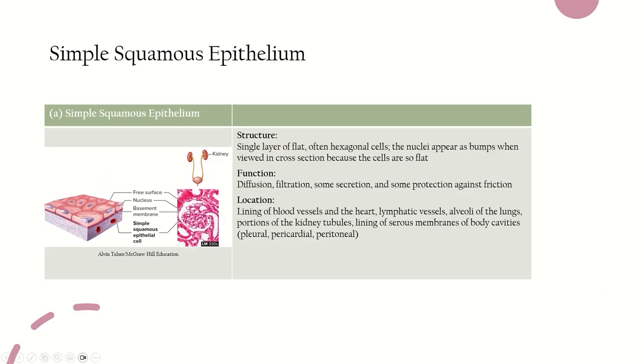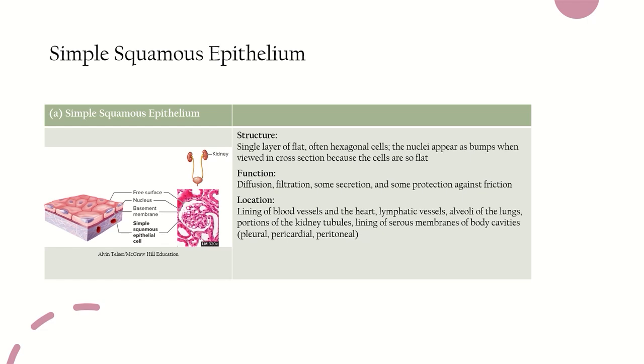I have a whole bunch of slides here that give examples of different epithelial tissue types. I'm going to go fast through them, but I provide them so you have a nice location to study and understand them.